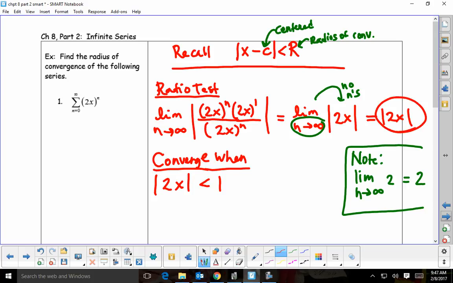And we need to get it into this setup to find my radius of convergence. So what do I have to get rid of in here? The 2. So can I pull the 2 out of the absolute value and take it over, and this is the absolute value of x is less than 1/2. So do we see how that's basically x minus 0 is less than 1/2? So I can see I'm centered. I have that set up. So what is my radius of convergence?